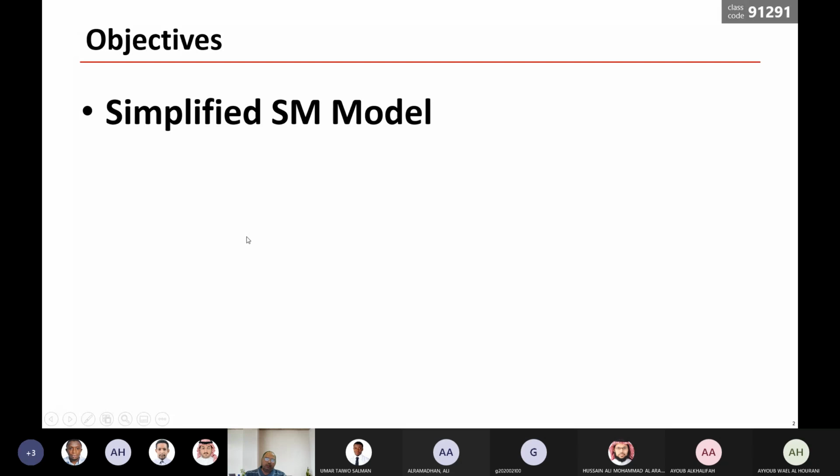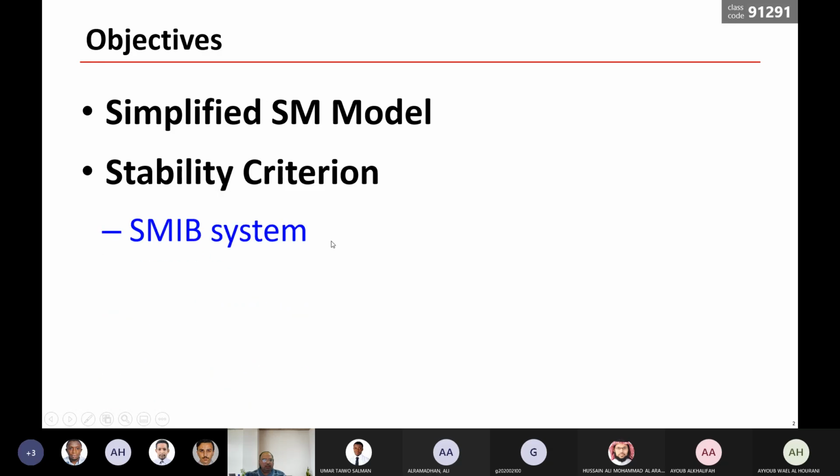What we will do, we will start with the simplified model of the synchronous machine, and later we will develop the other models for the machine, exciter, and the governor. We will develop stability criteria based on this model, with different system configurations.